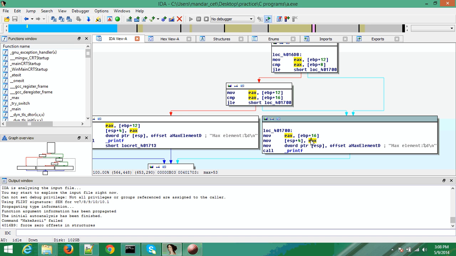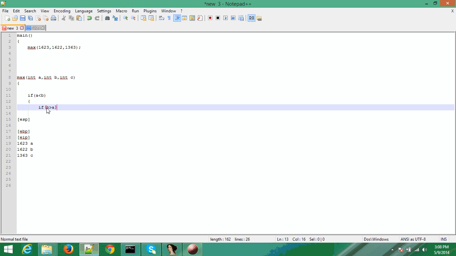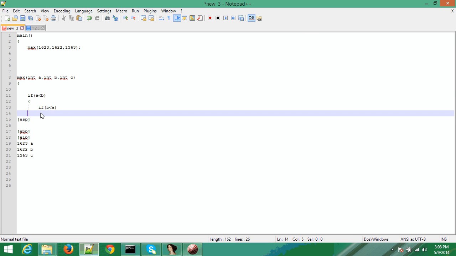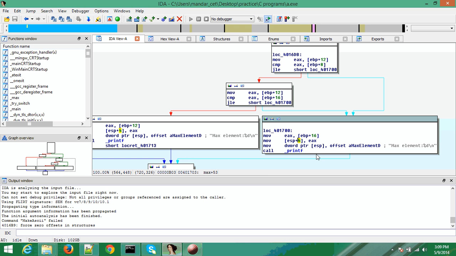So basically it's moving EAX into ESP plus 4, which is the stack. So basically it's saying that if b is also less than a, then you're going to say that c is the largest element.